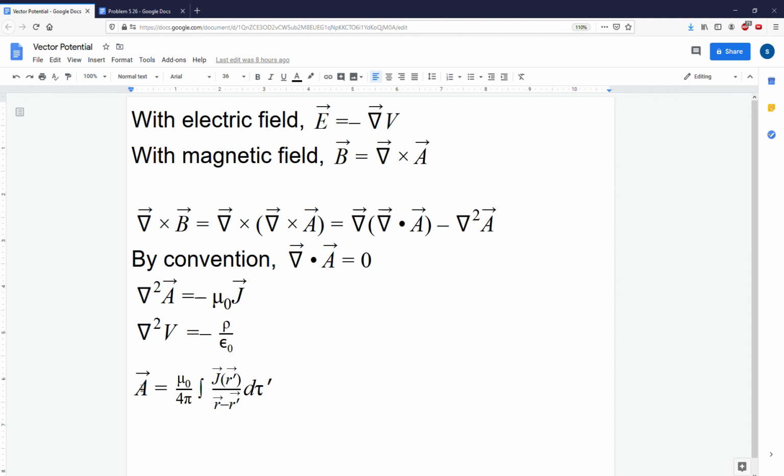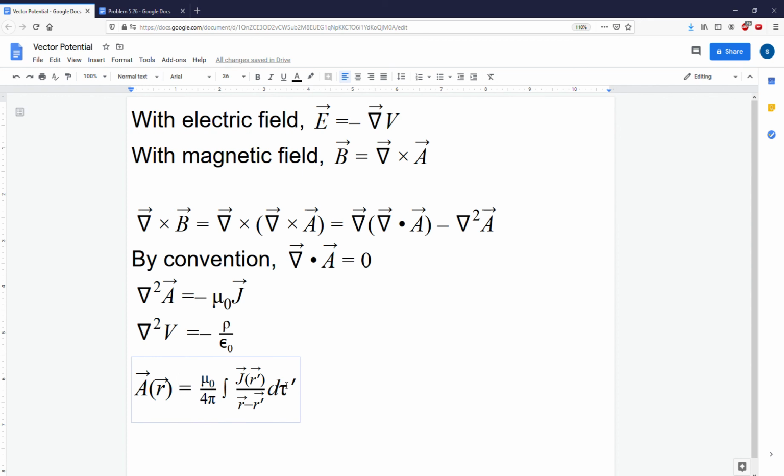So for a scalar potential, the scalar potential is equal to the integral over all space of rho of r prime over epsilon naught times... I can't do a script r in my sheets, but remember script r is the r vector, that is the r of the point that we're interested in, and r prime is the point where the current is.